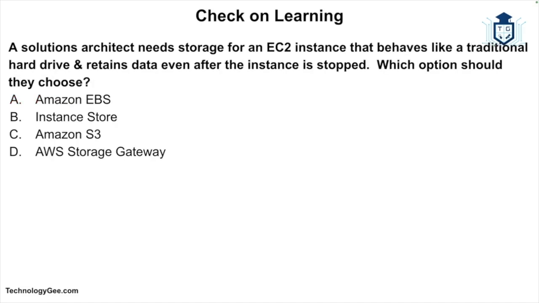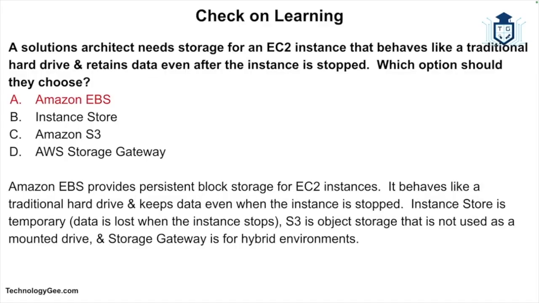Next question. A solutions architect needs storage for an EC2 instance that behaves like a traditional hard drive and retains data even after the instance is stopped. Which option should they choose? Should they choose Amazon EBS, Instance Store, Amazon S3, or AWS Storage Gateway? And the correct answer is Amazon EBS.